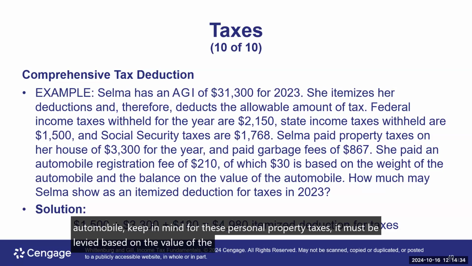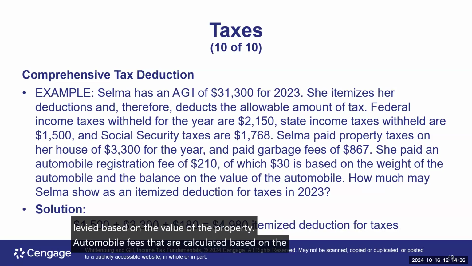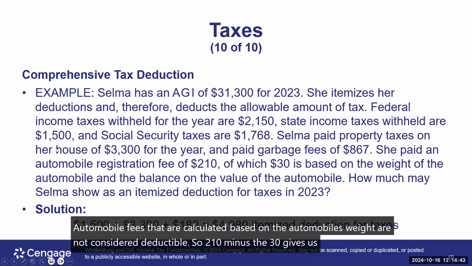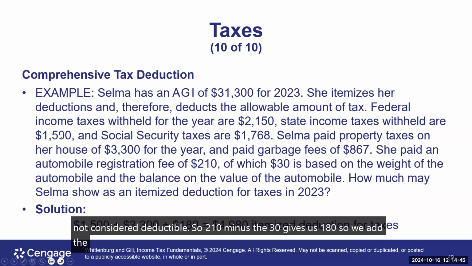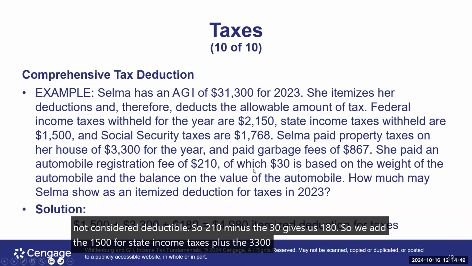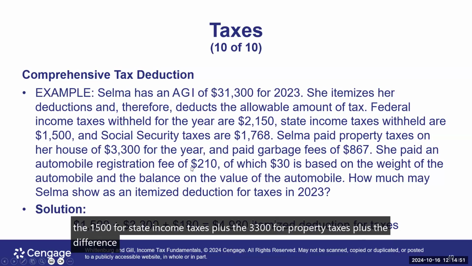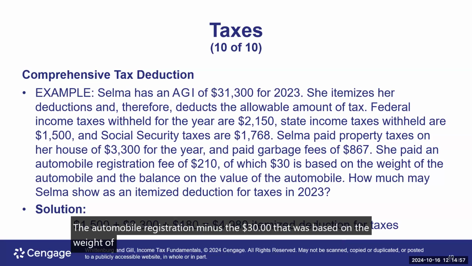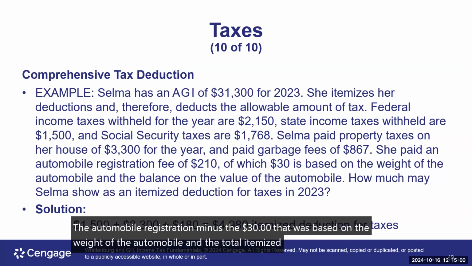Automobile fees that are calculated based on the automobile's weight are not considered deductible. So 210 minus the 30 gives us 180. So we add the 1,500 for state income taxes plus the 3,300 for property taxes plus the difference between the automobile registration minus the $30 that was based on the weight of the automobile. And the total itemized deduction for taxes is $4,980.